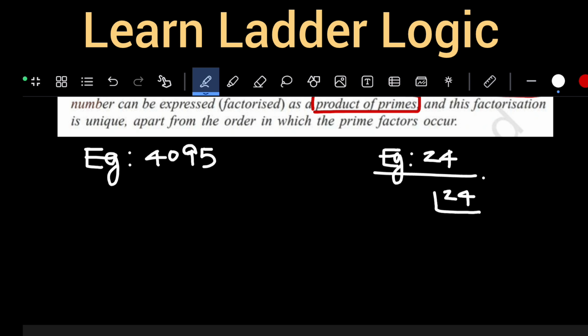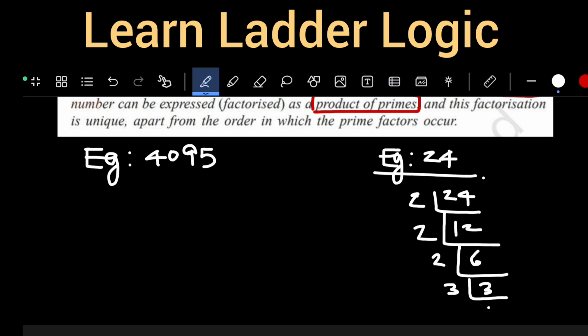The smallest prime number is 2, and 24 is divisible by number 2 because the unit place, the last digit, is an even number. So we'll just write 2, 12. Again, the unit place is an even number, so it is divisible by 2. 6, 2, 3, 3, 1.